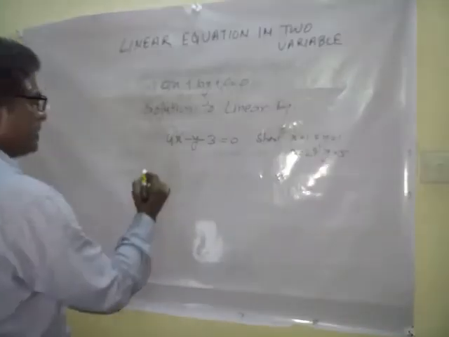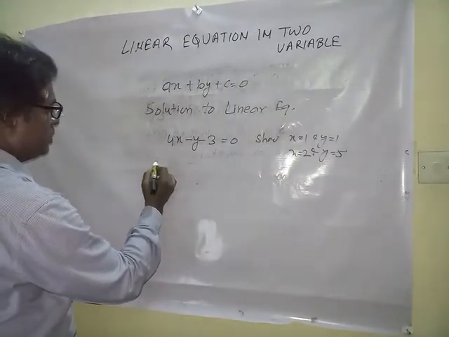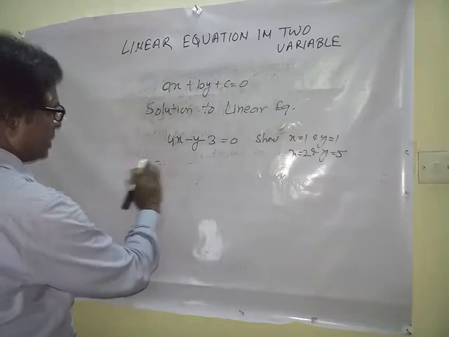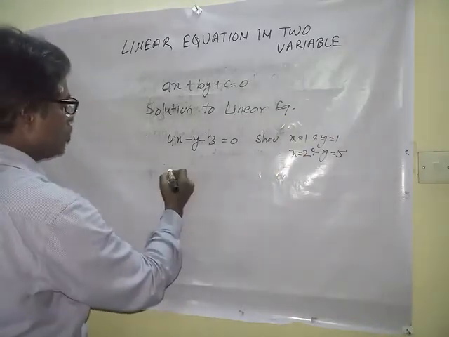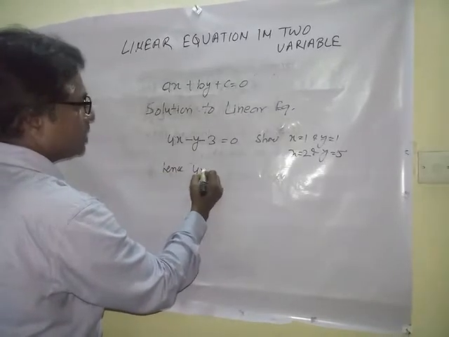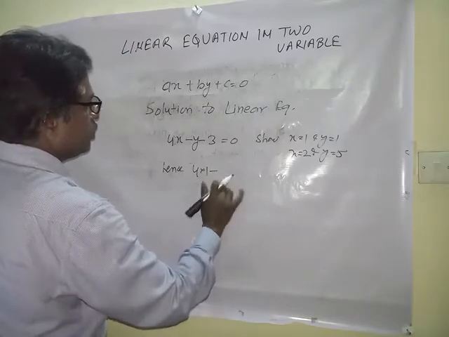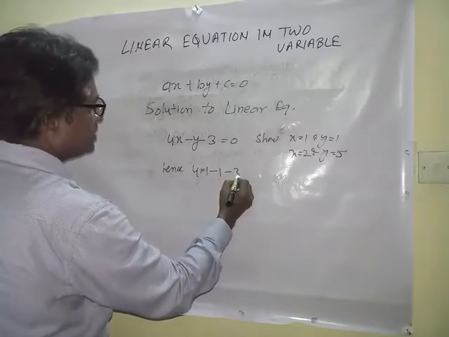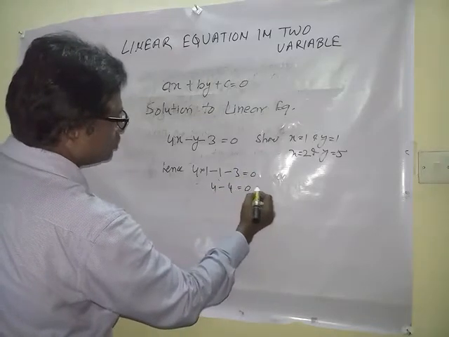So how will you do that? While solving, you will write down: since x is equal to 1 and y is equal to 1, hence 4 multiplied by 1 minus 1 minus 3 is equal to 0, 4 minus 4 is equal to 0.